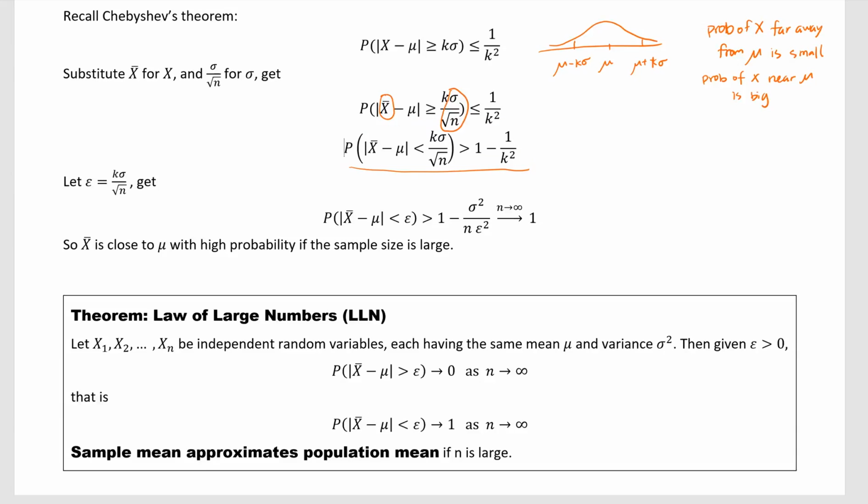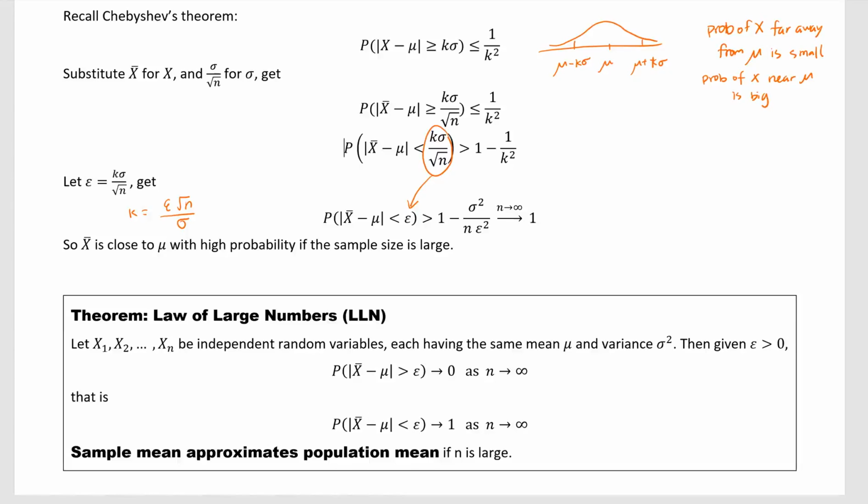So now let epsilon be k sigma over square root of n, okay? So now what happened? Epsilon equals k sigma over square root of n, so you replace this by epsilon. Then what is k? Well, k is epsilon times square root of n over sigma.